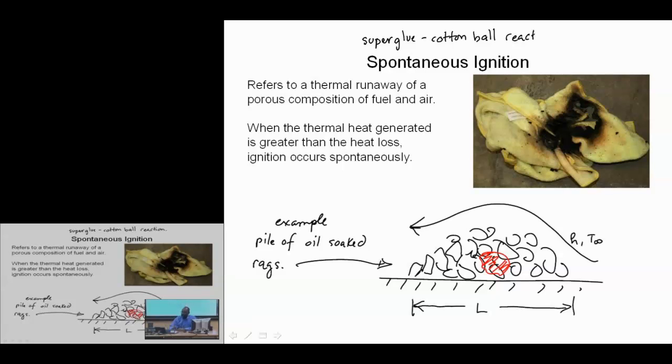Okay, so when fire investigators look at different types of fire accidents to determine the cause and the origin of the fire, one of the things in the back of their minds is, could this have possibly been a spontaneous ignition fire?